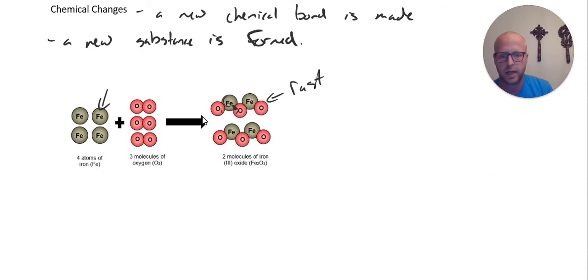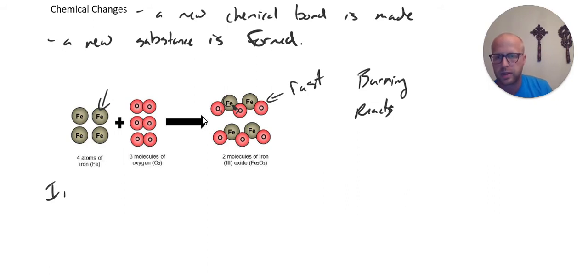So some chemical changes, like I said, anything that burns. Reacting, normally if it says something that reacts with something else, that's an indication of a chemical change. This is an oxidation reaction. It's rusted out. So how do we identify them?